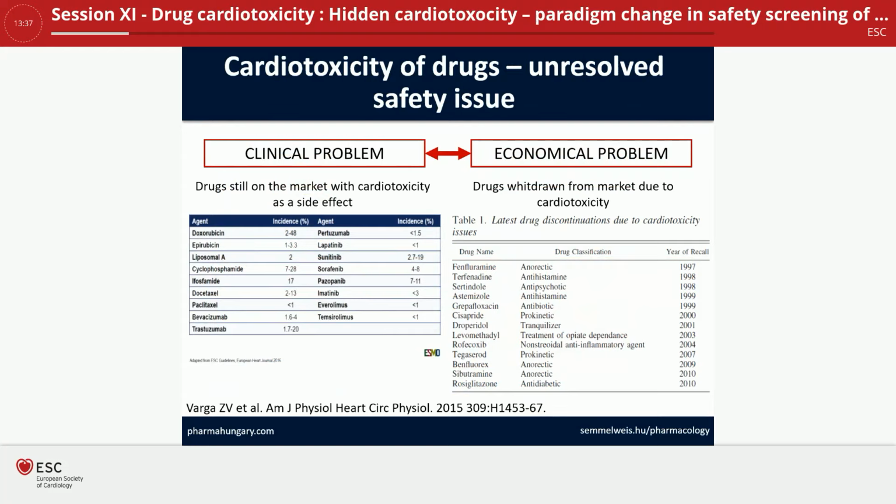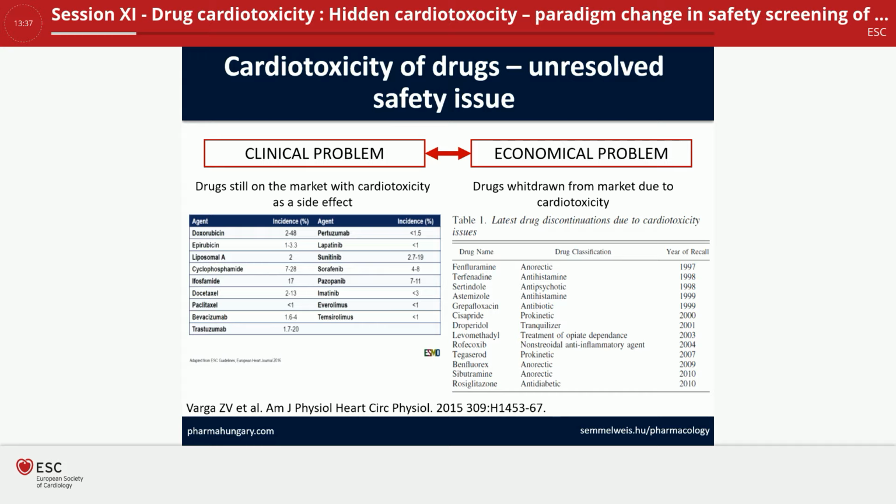So this cardiotoxicity of drugs is still an unresolved clinical issue. It is also a big clinical problem because, as you may know, there are still many drugs on the market which have cardiotoxic effects as a side effect. The next speaker, Pietro, will talk more about the oncology drugs and how they have some cardiotoxic effect.